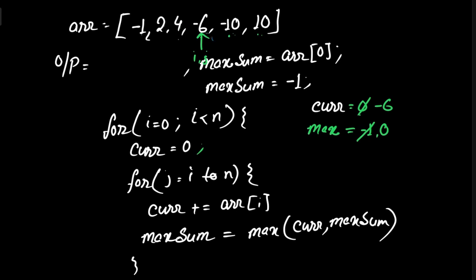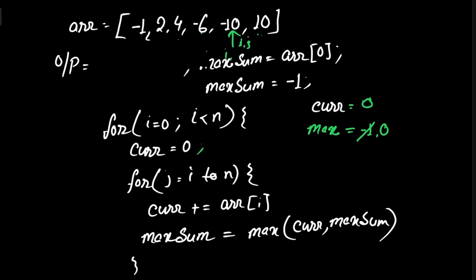Again it will shift here, and j is also here, so current will be again 0, and the sum will be 0, and max and current are equal, so there will be no change.